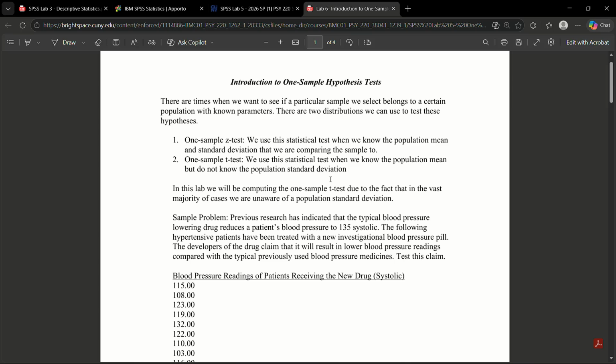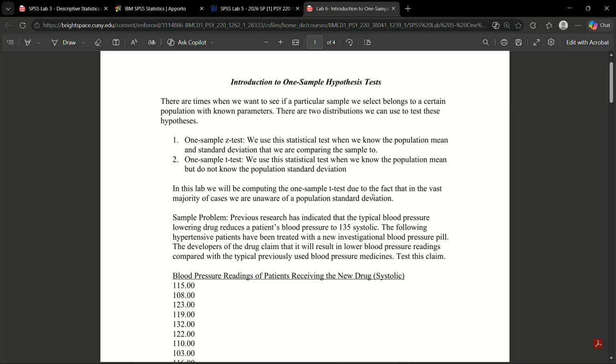If we do not know sigma, the population standard deviation, we must use a one sample t-test.